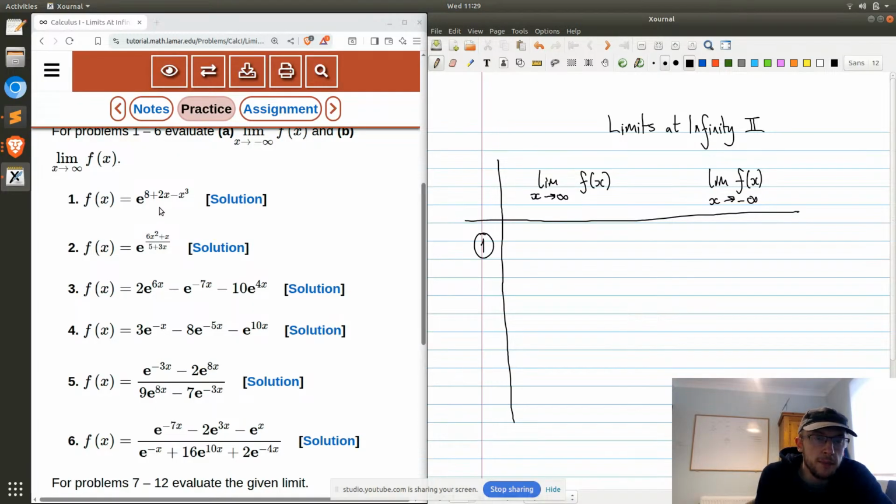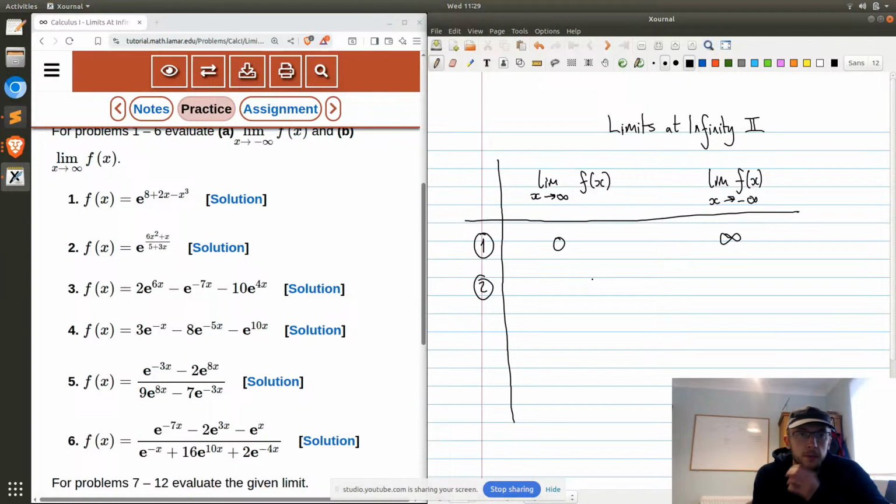For function 1, as x approaches infinity, what happens to this? The answer is that it shoots off to negative, e to the negative infinity, which is 0. And if I put in negative infinity, well, I have to cube it, and then I get e to the positive infinity, which is infinity.